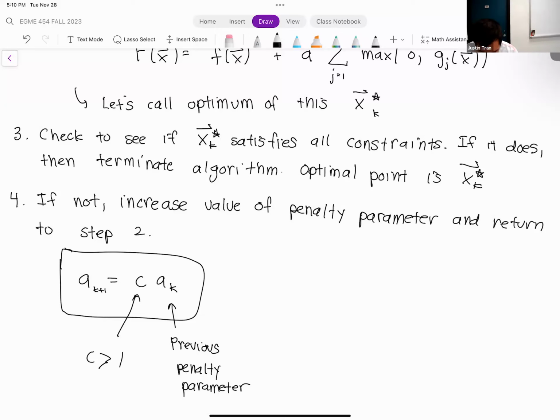The other important thing for step 4 here is that when you're running the second, third, and fourth iterations, you want to make sure that your starting point is the optimum result from the previous step.